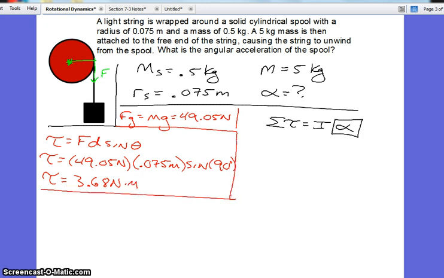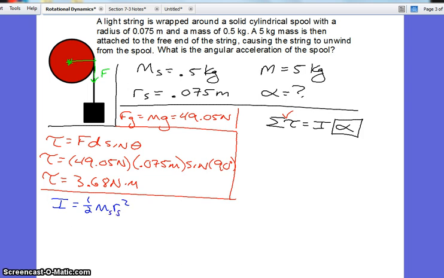So we are partway there. But we also need the moment of inertia. Now a cylindrical spool is going to be like a disc, and the moment of inertia of a disc is 1/2 mr squared.